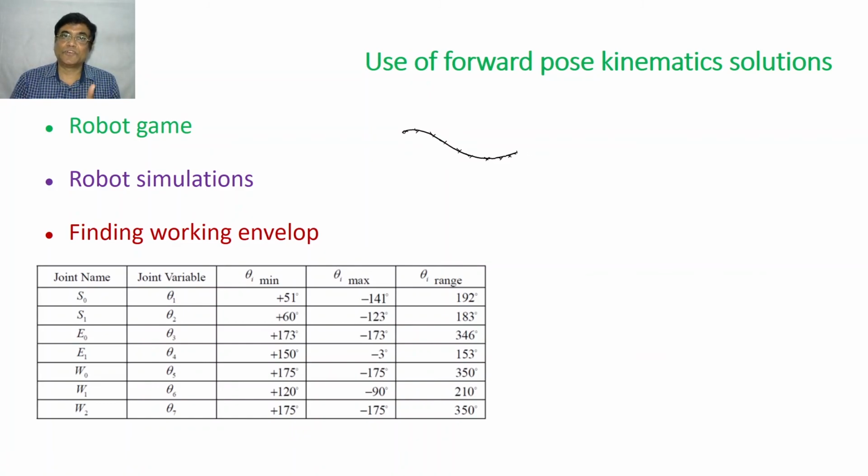For that, you need to solve inverse kinematics. In most humanoid robots, which are aesthetically like a human hand, they do not follow Pieper's recommendation, and if they do not, a closed form inverse kinematic solution is not possible.